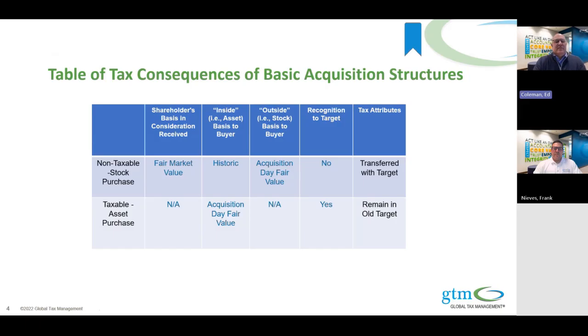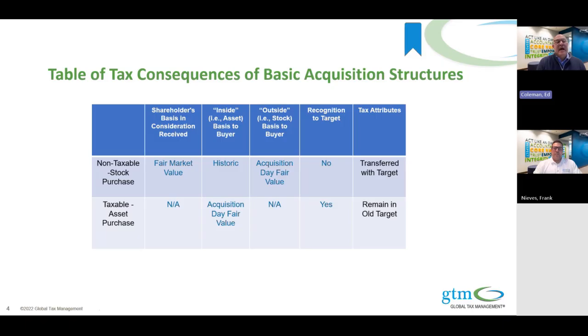So this slide here gives a great summary of the comparison of the two different types of purchases, stock versus asset. As we work our way across, shareholders' basis in the stock purchase is the fair market value. For an asset purchase, it's not applicable because it's inside the company. On the inside basis, as it transfers over in each of the transactions, the stock purchase is historic, no change in basis.